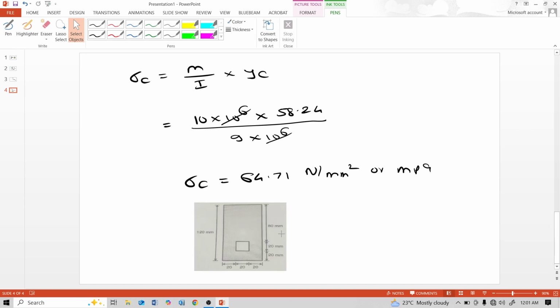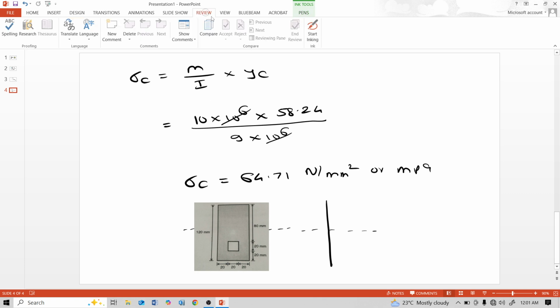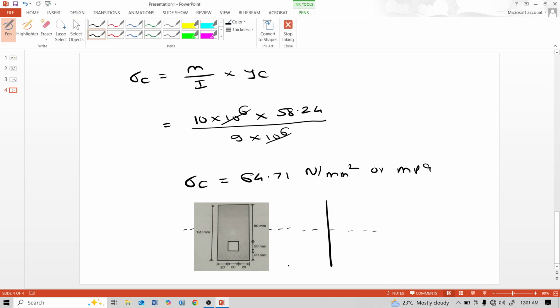So, see here. This is the neutral axis. Compression side is 64.71 and tension side is 68.62. That means the bottom tensile side stress is greater. At the neutral axis stress is 0.